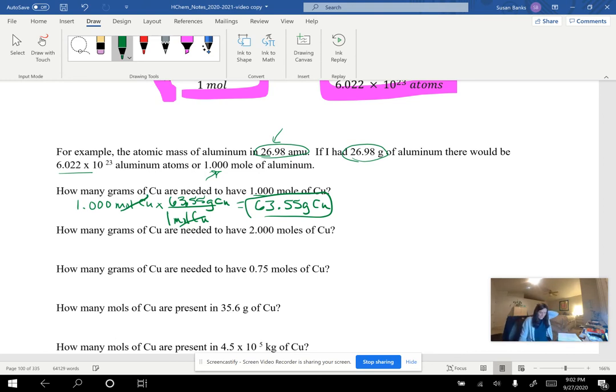Okay. Now what if I wanted to do 2 moles? Could I do the same thing? Yeah. I'm still going to use the same conversion from the molar mass on the periodic table, but I'm going to start off with the 2 moles of copper. Now I want my moles to cancel, so I'm going to put 1 mole on the bottom. And when we looked at the periodic table, we said that 1 mole was 63.55 grams of copper.